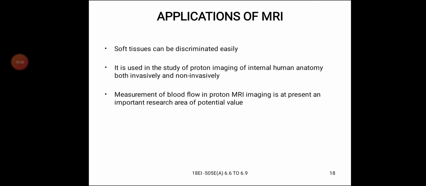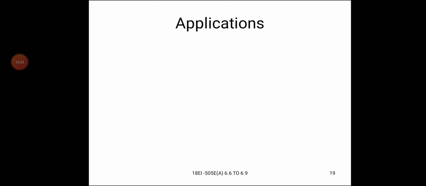Measurement of blood flow in proton MRI imaging is at present an important research area of potential value. It is used for observing the function of the myocardium.